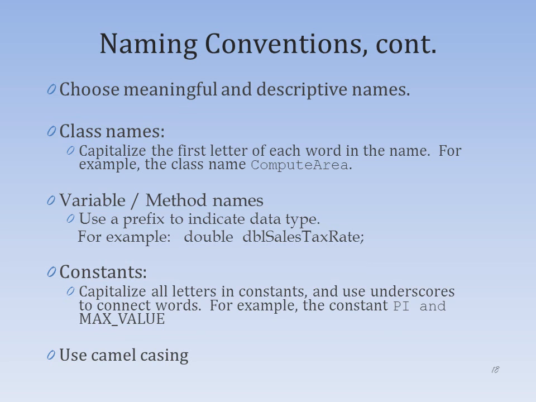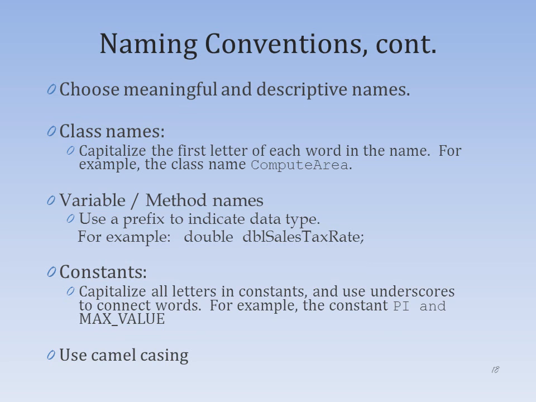Variables and methods begin with a lowercase. And if we have multiple words to describe or identify the item, we'll use that camel casing, but we always start in lowercase.